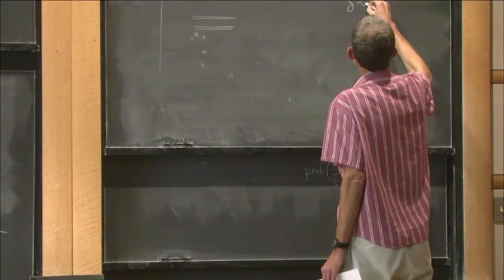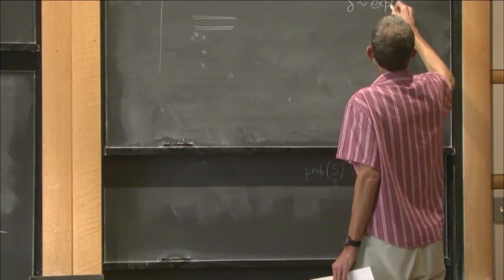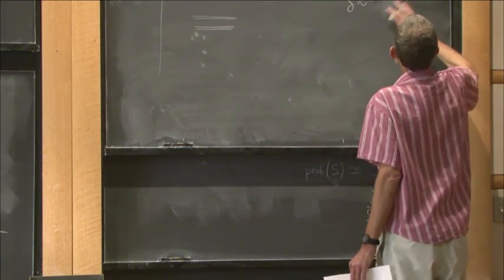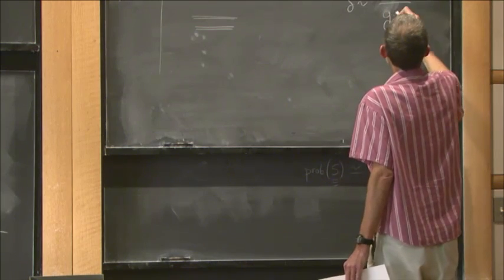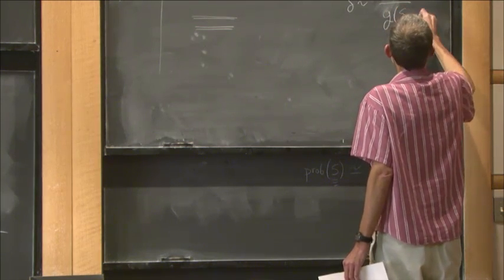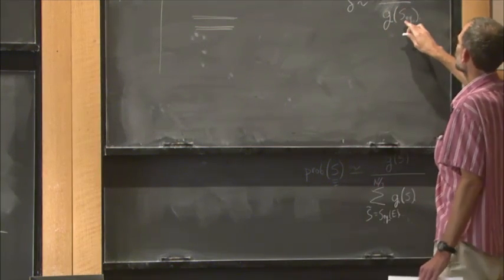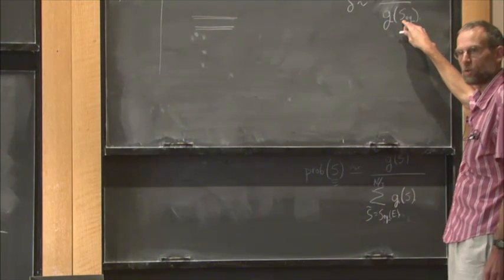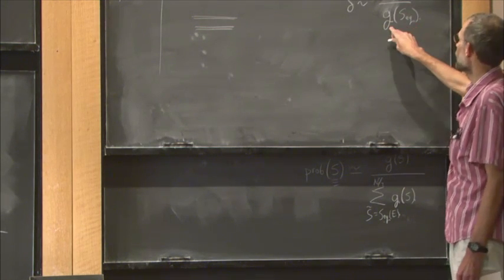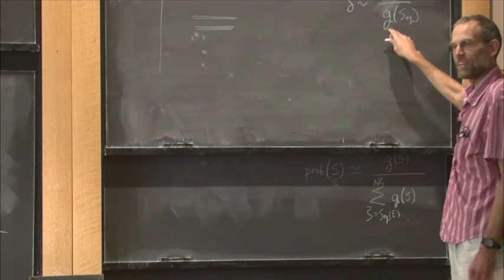so delta just goes as 1 over G of S equilibrium, right? So at equilibrium, the total spin is S equilibrium. This is the degeneracy. It's been lifted.